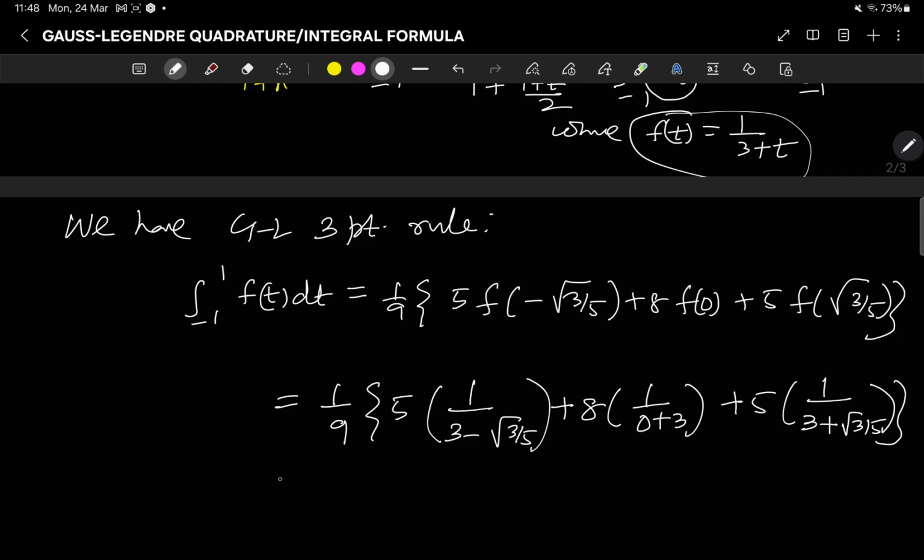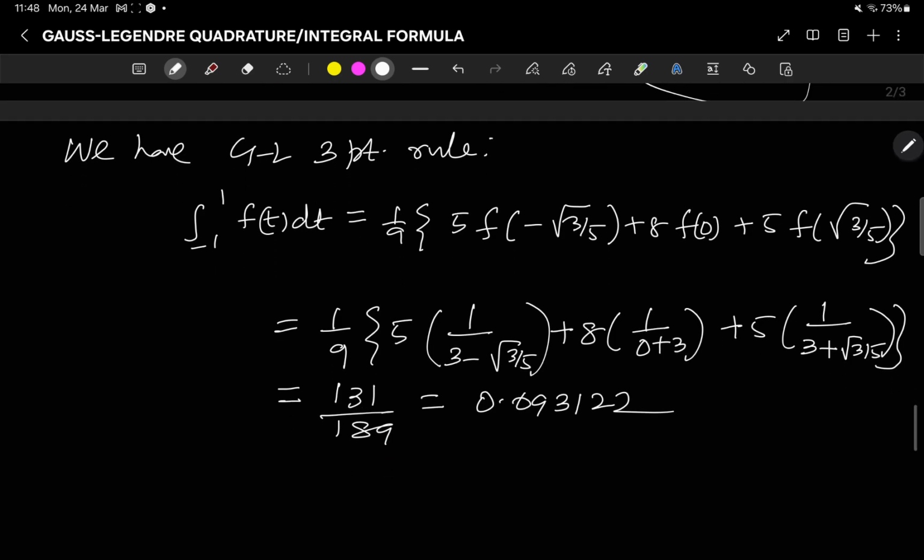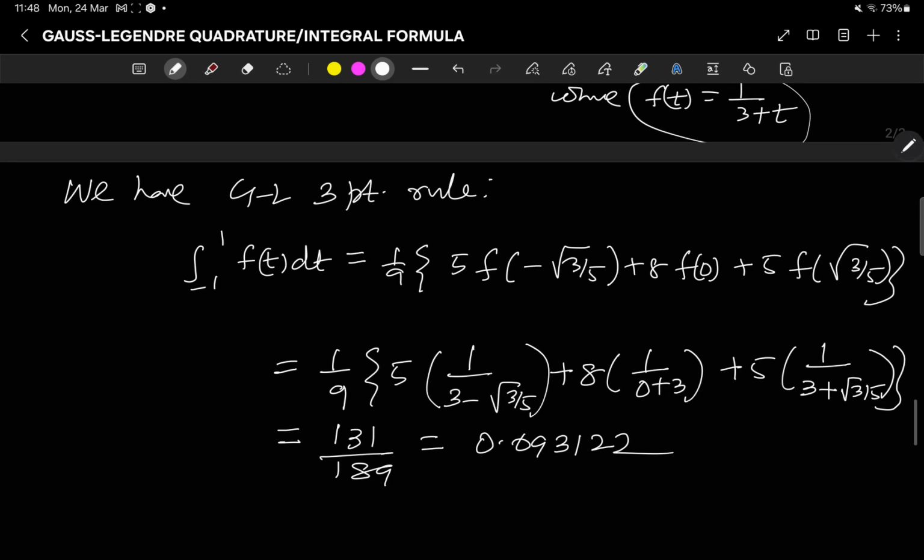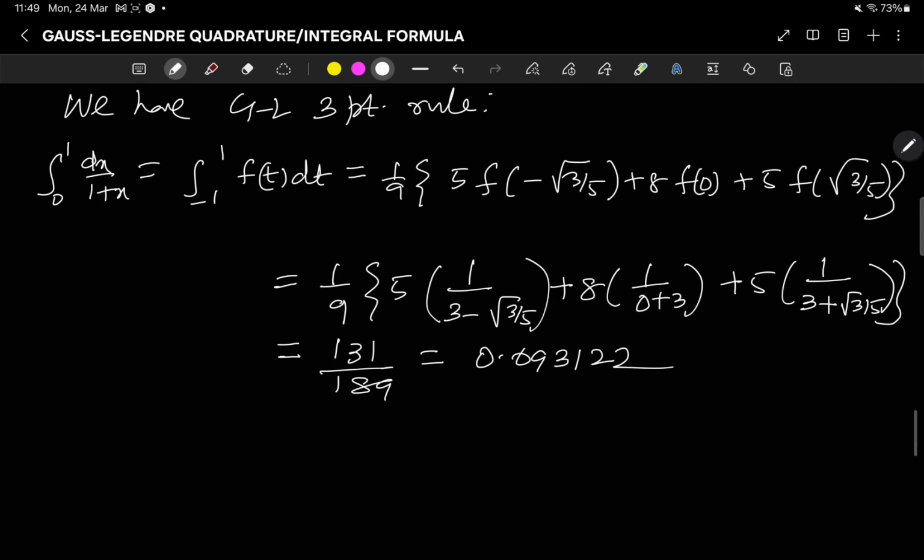Okay, if you simplify it, it will give you 131 by 189, which is equal to 0.693122. Right, this is numerical. Now this integral 0 to 1 dx by 1 plus x is our numerical result, right? I can say this is I numerical.